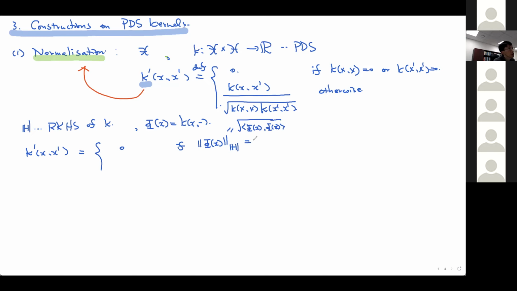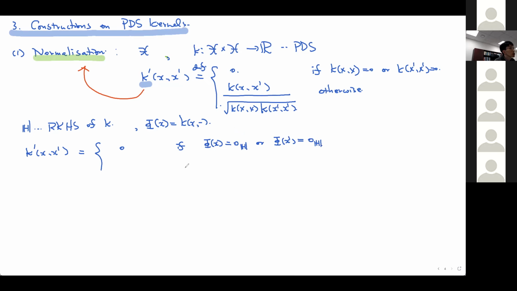A slightly better definition is: if this element is 0 in this Hilbert space, or x prime is 0 in this Hilbert space, then we map it to 0, return 0.